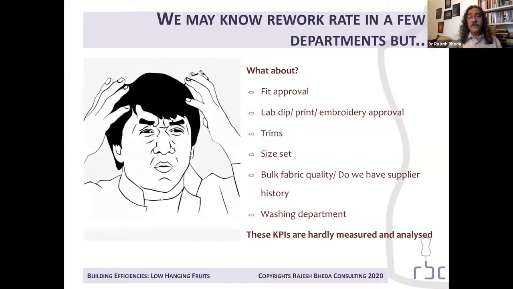Also, what we realize is that in many cases, when you ask the factories, they may have a clear understanding of defect rates in certain processes, but there are so many other processes where the defect rates are not fully recorded. They are not analyzed. So it is very, very difficult to understand how much rework is there because it is not reported. Starting from fit approval, lab dip approvals, trimmings, size set approvals, bulk fabric quality.